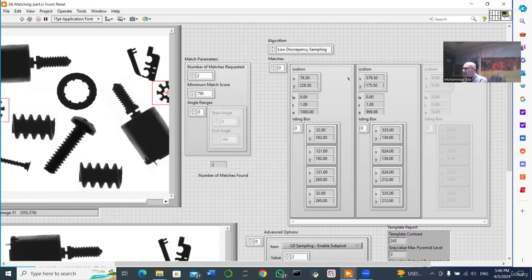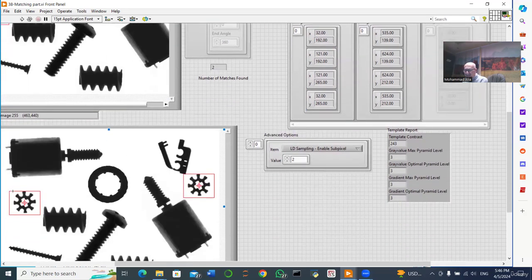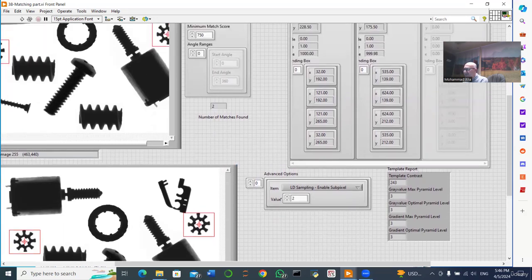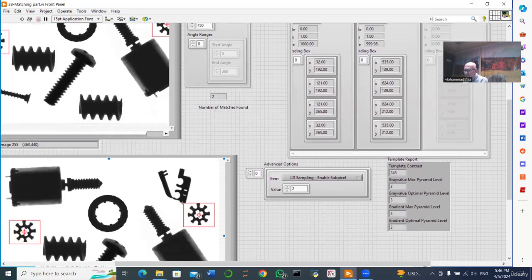Here, as you see, we get information about the matches, and about the coordinates of the matching elements. Here, the coordinates 1, 2, 3, 4 are the angle points of the surrounding rectangle. And here is the other one, 1, 2, 3, 4 points. These are the coordinates of these points.